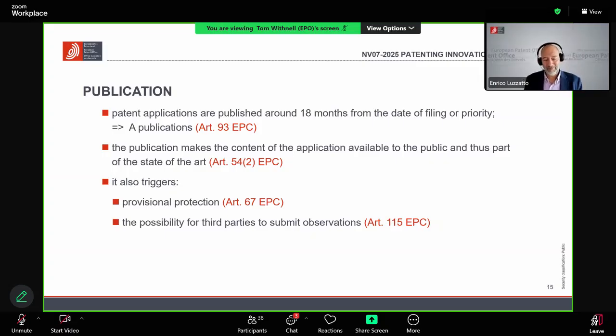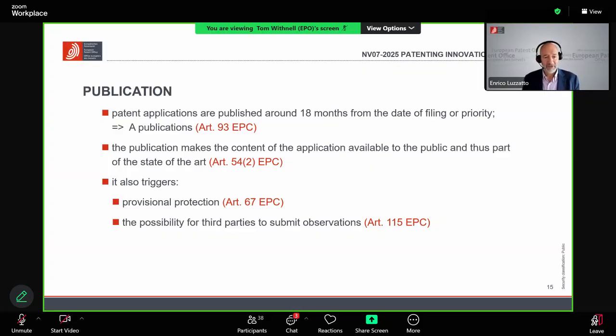So once you have published your patent application, you can start, how should I say, pestering or informing potential competitors that you have something that you might then attack them legally. But as the name says, it's a provisional protection. You will need the finally granted patent to be able to really enforce your patent and attack them in court, alleging infringement.